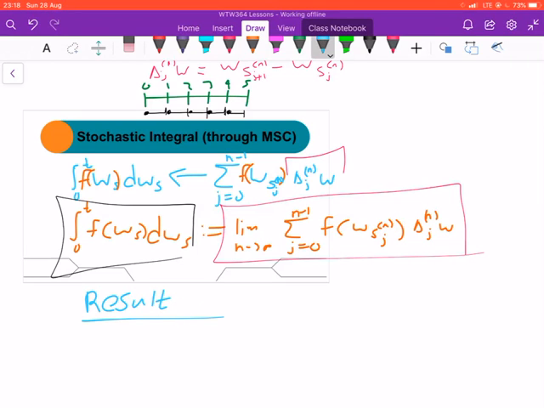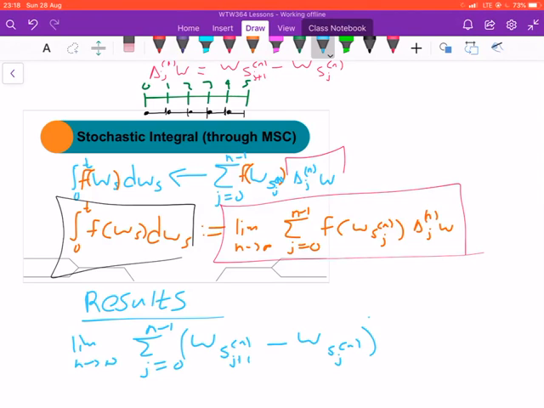Some important results that you can use. One of them is the limit as n goes to infinity of the sum from j equals 0 to n minus 1 of W at t_{j+1} minus W at t_j, right?